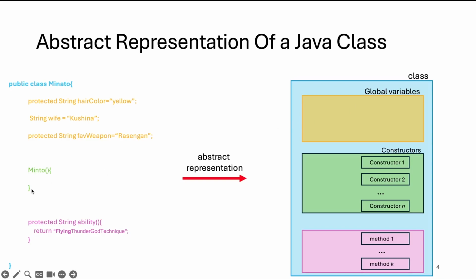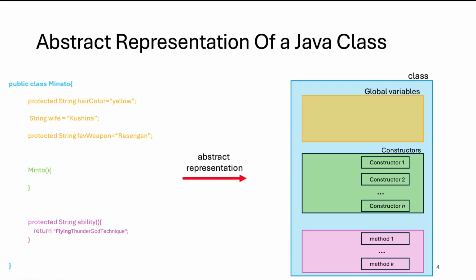Next, we have created the constructor for this class, written in green color. So using the green color on the right side, we have created a box. In a class, there can be multiple constructors. So we have written constructor 1, constructor 2, and so on up to constructor n.